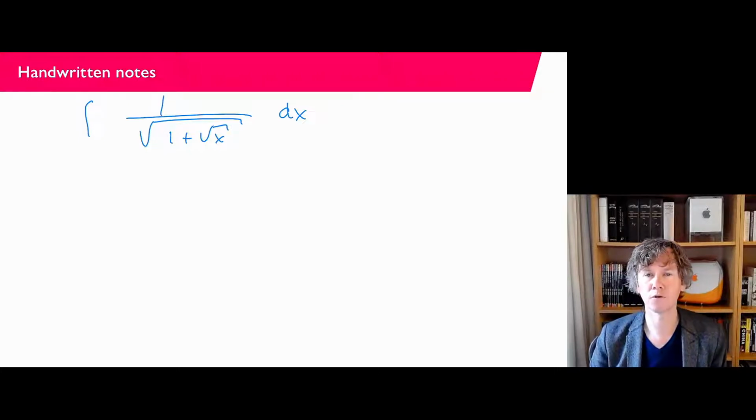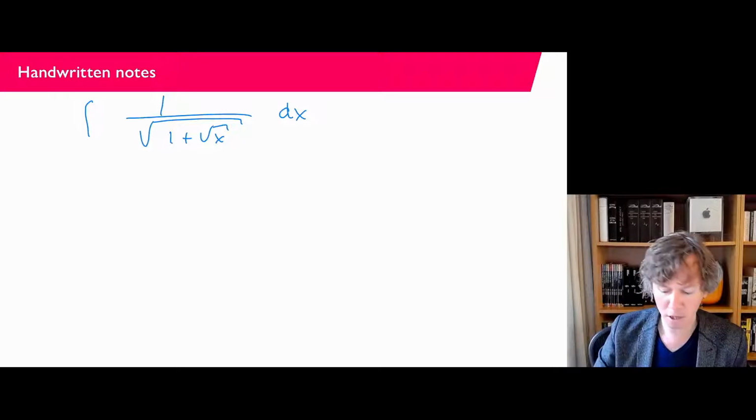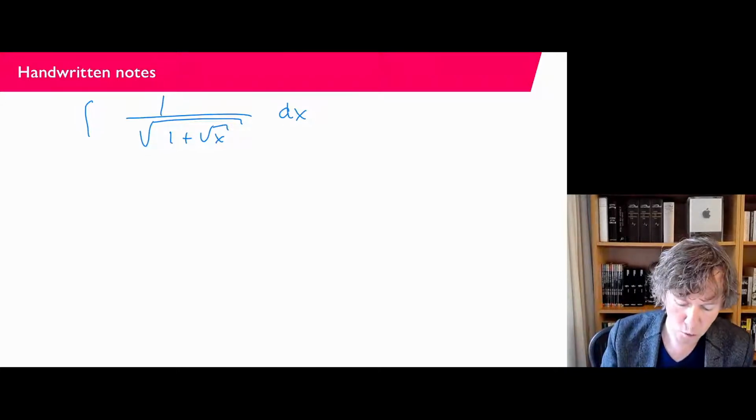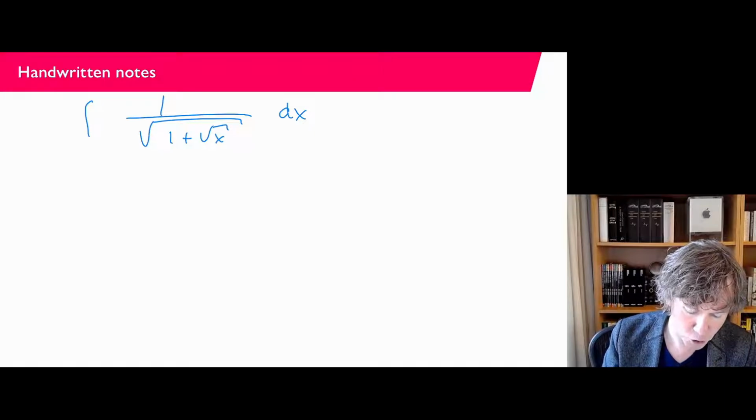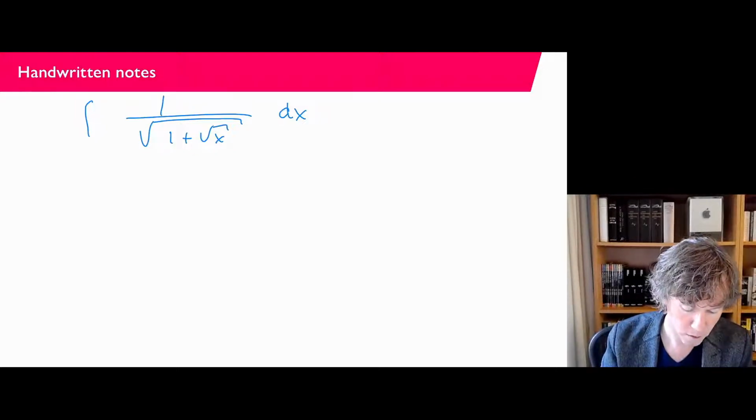Very often when you have an integral and you've done integration by substitution, integration by parts, when you study those techniques and solve problems with them, you get a bit of an understanding of what's going to work, what's not, and what it will turn out to be. This one is not immediately clear, but what you should immediately try here is substitution, because we have 1 over the square root of something, and the something is this here, 1 plus square root of x. So what you should try here, try integration by substitution.